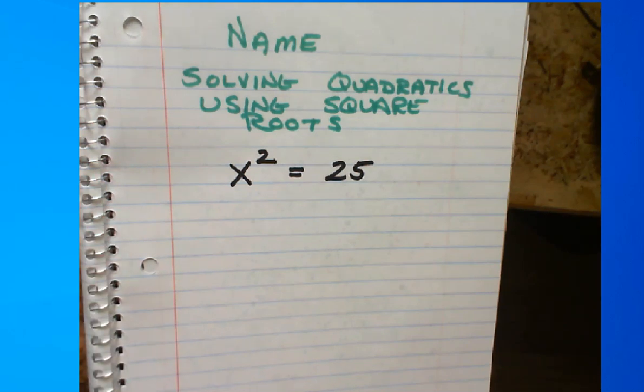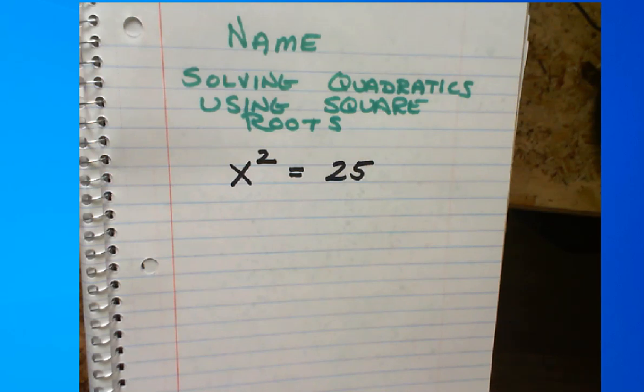This is a quadratic. And I want to know what x is. So what do you think x is? If you're watching this live, you can type in an answer. What is x? So what number, when I square it, gives me a 25?